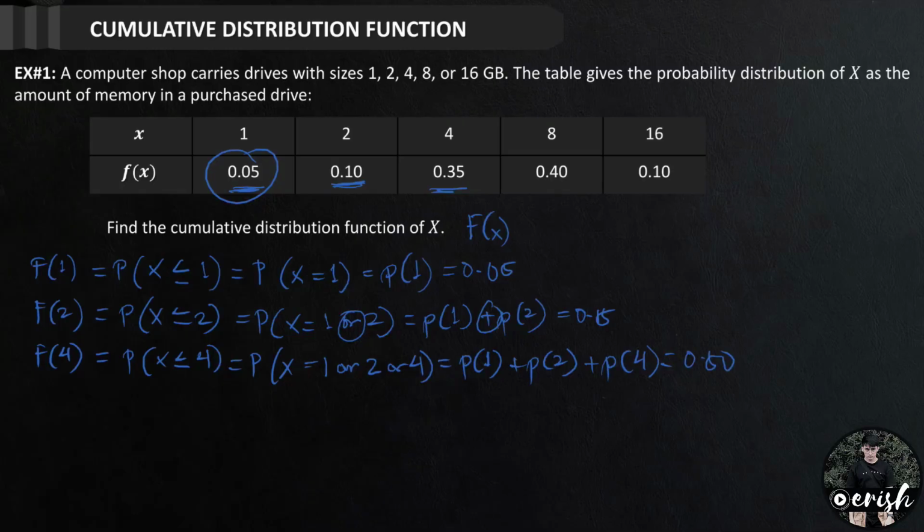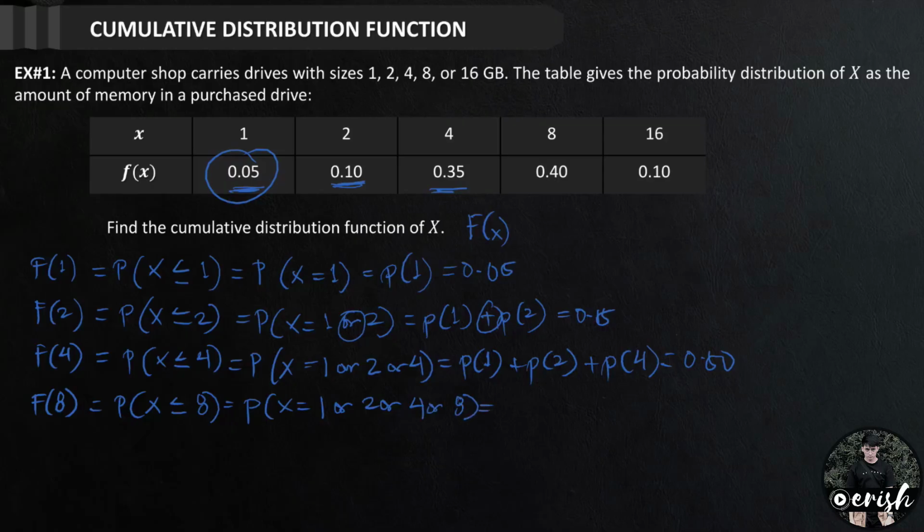For the next random variable value na number 8, so F of 8 is equal to P of x less than or equal 8. Ang P natin, since less than or equal 8, ang maximum natin is 8. So this is P of x is equal to 1 or 2 or 4 or 8.